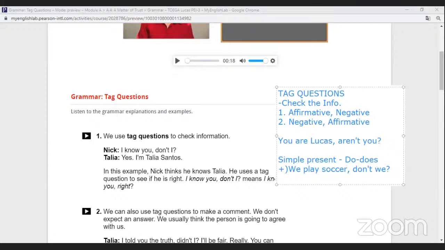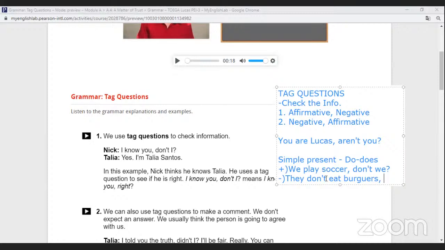But what happens if we have a negative? In this case, like, they don't eat burgers. In this part, which is the auxiliary? Don't, right? So what am I gonna put here in the tag question? Don't they?